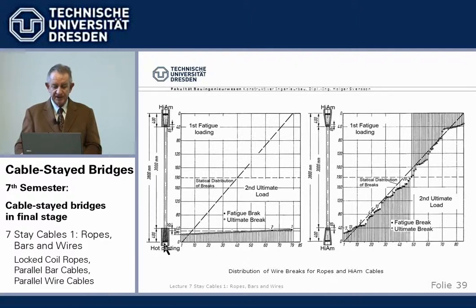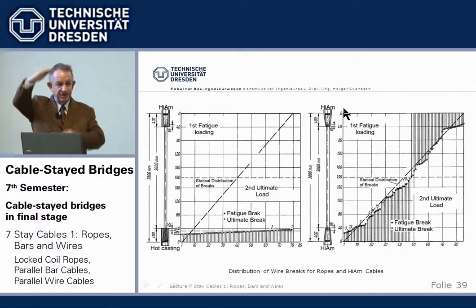This anchor head is using the hot casting Zamac material, and the others use the cold casting materials of steel balls. And now we make the fatigue test. We stress them for 2 million cycles between 45 and 50% of ultimate. And then we tension them until they break.